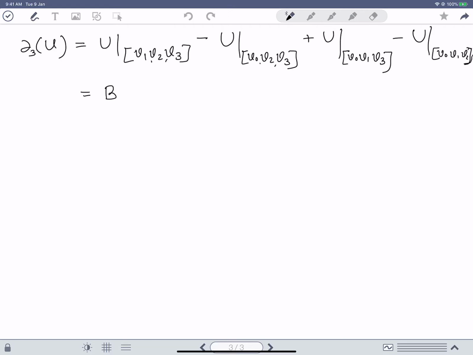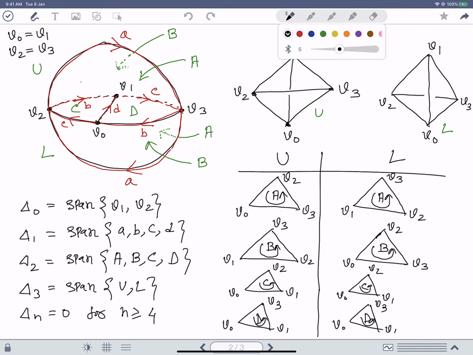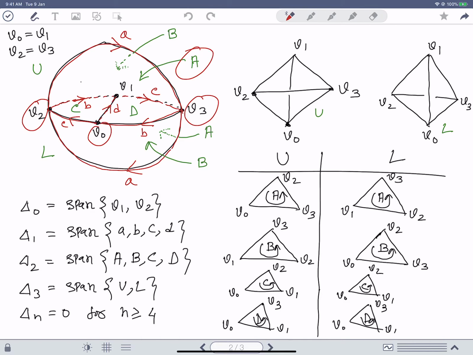Now the next one is minus and then V0, V2, V3 in U. So this is my V0, this is my V2, this is my V3. So we will have A, right? So this is the front side of U. So we will have map A. Now look at this orientation here.